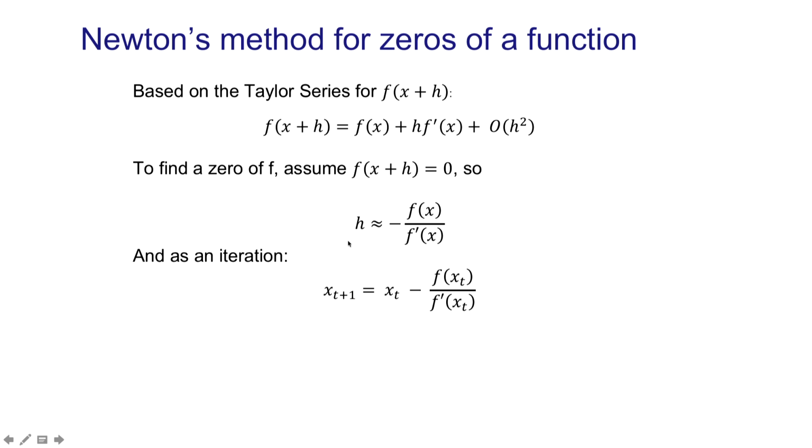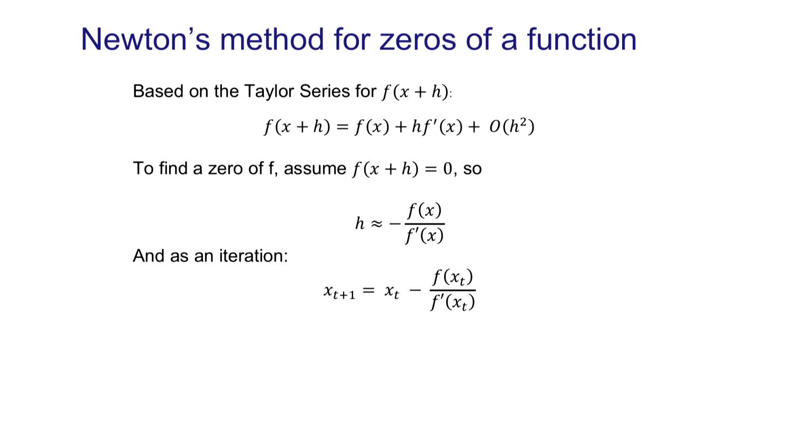So this x_t should be closer to 0 because it's approximating x plus h. All right, so this is giving us an approximate 0 of f, but we want to actually find minima of f. So that just means that we want the 0 of the gradient, or the derivative of f, okay?